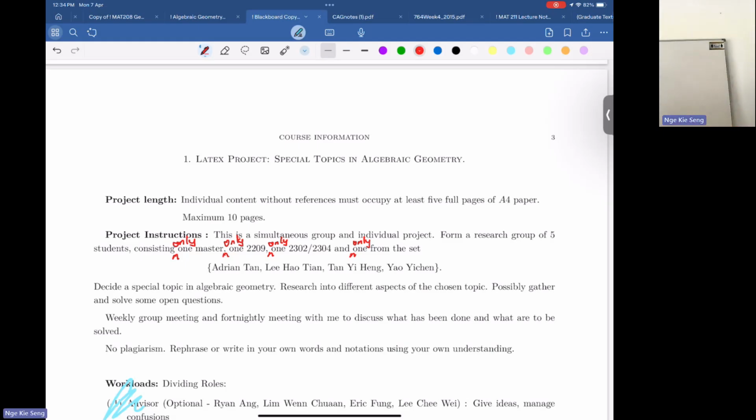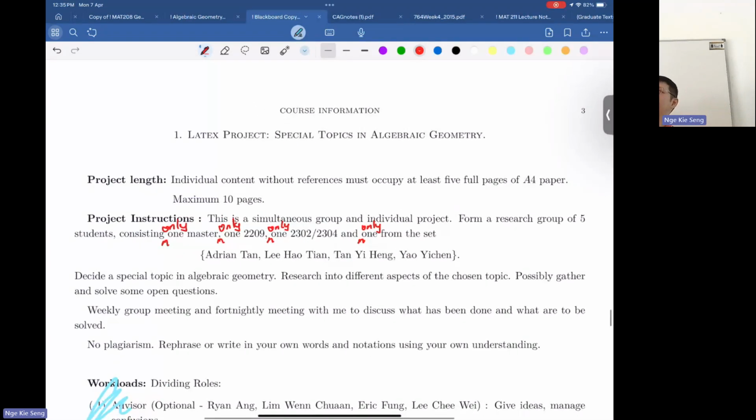For sports, I don't really do much sport unfortunately, but I can play badminton and I can swim. Okay, thank you. Hi everyone, my name is Jack. I'm from 2302 and I'm from Negeri Sembilan. I like to eat French fries and I like to play badminton or basketball.